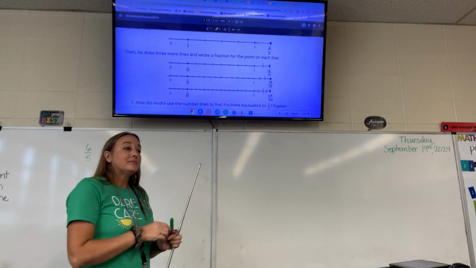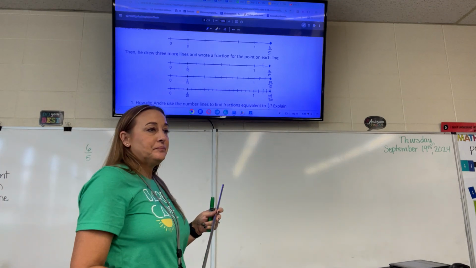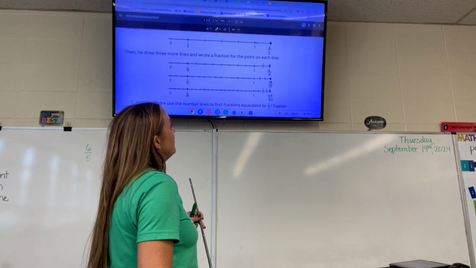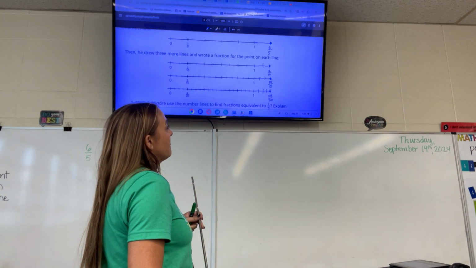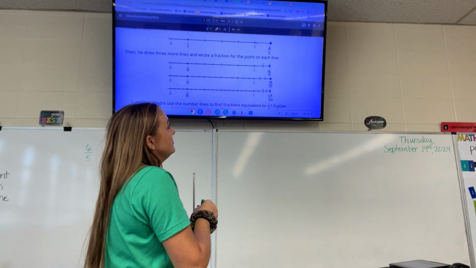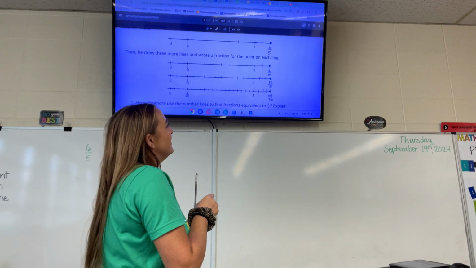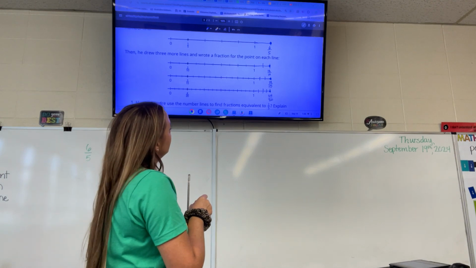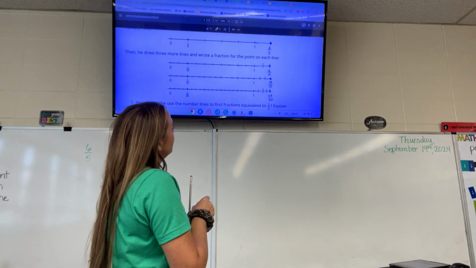Okay. What do you see, Jackson? That the denominators are all the same, but then if you add the numerator and the denominator, you'll get the final number in the numerator that we wrote.